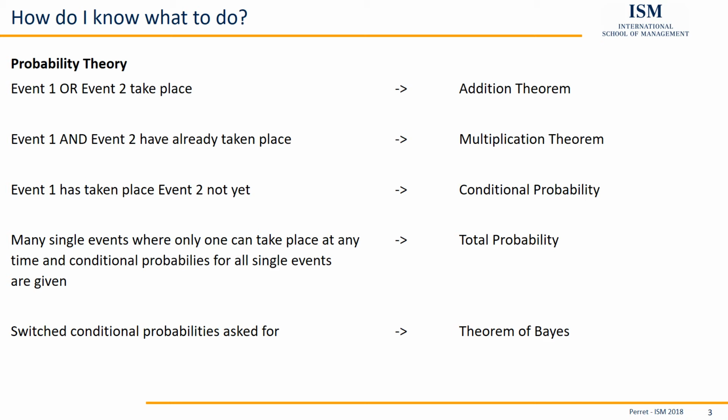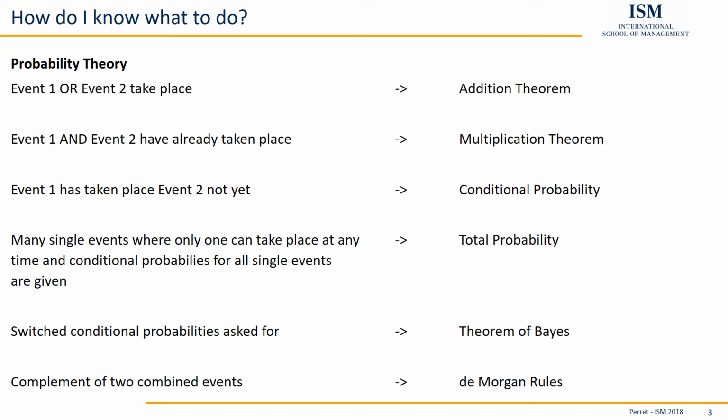Okay, so that's already the main part in the context of probability theory. We could add one final one, the De Morgan rules. That's if you have 2 combined events with the or and the and you want to have the opposite of both of them, that neither 1 or 2 takes place.